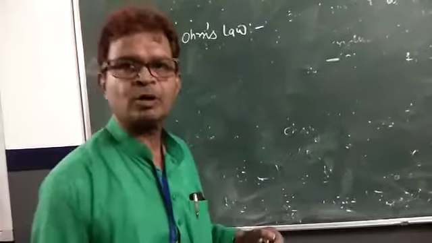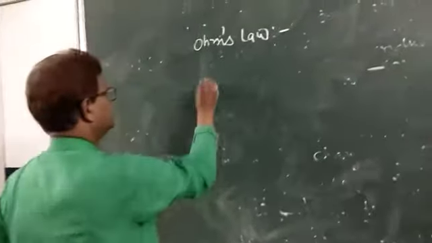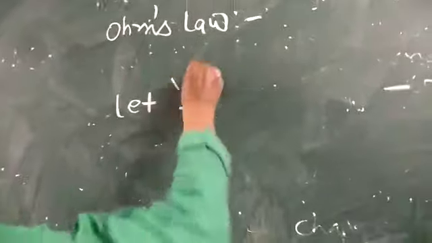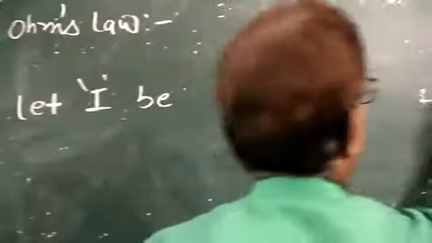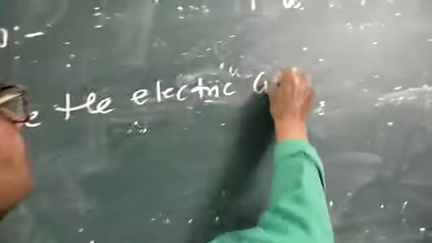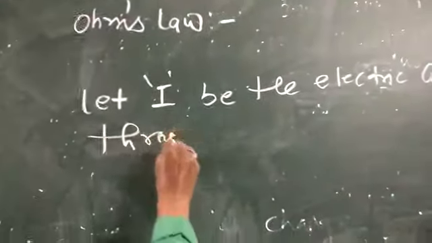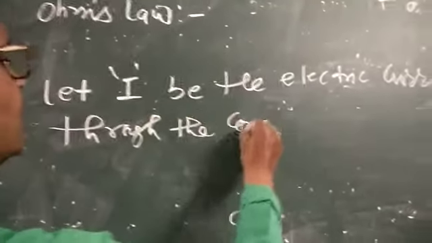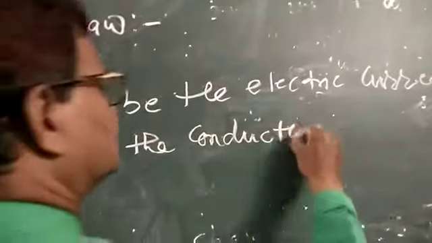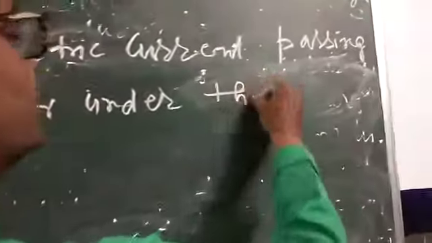Let's have the expression of Ohm's law. Let I be the electric current passing through the conductor under the PD.